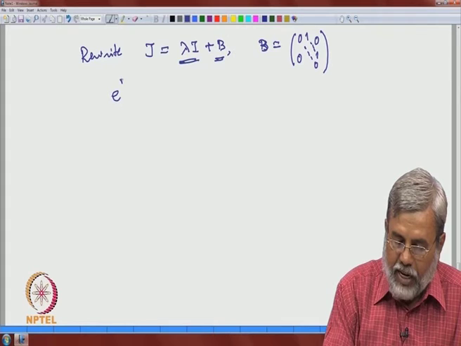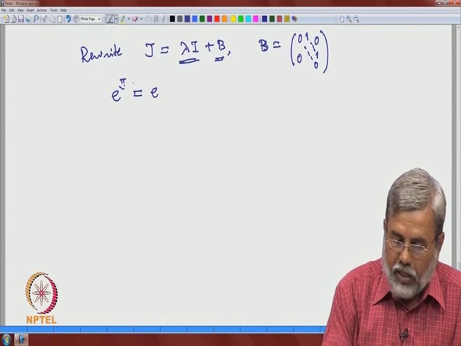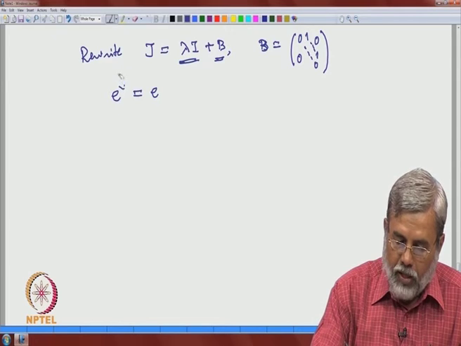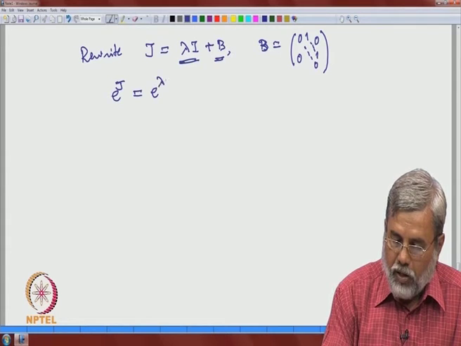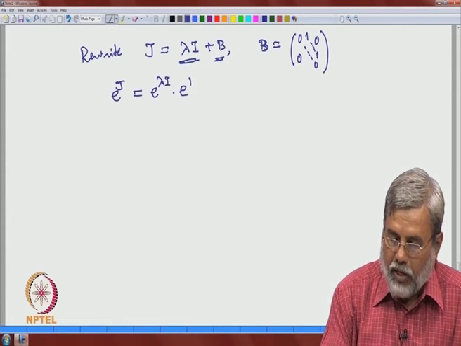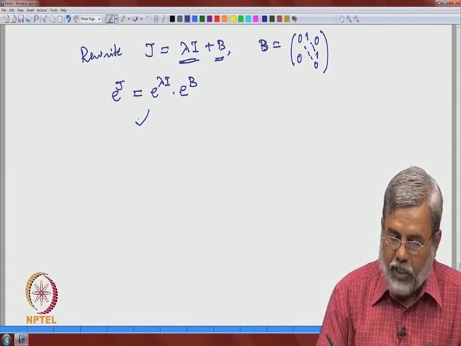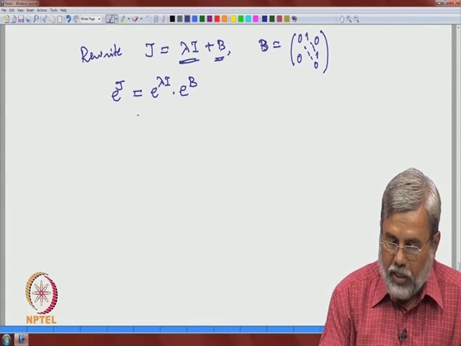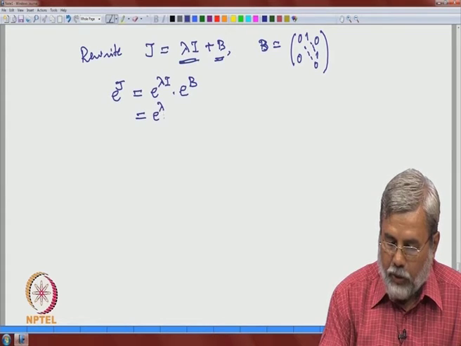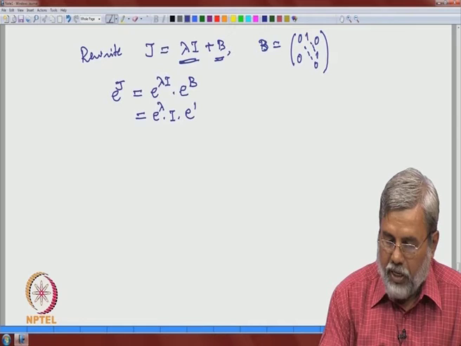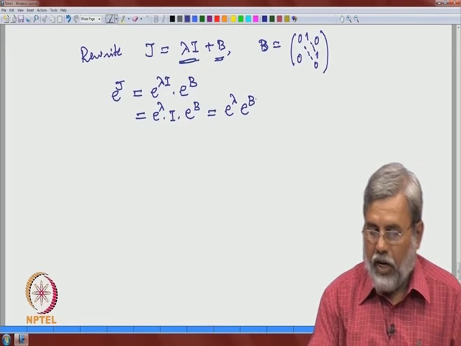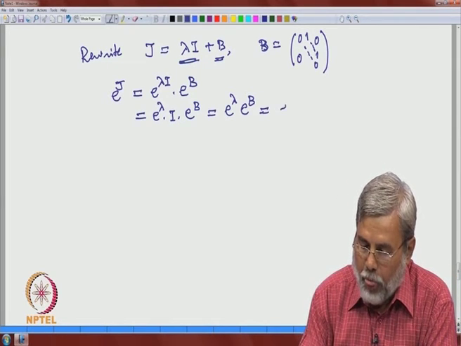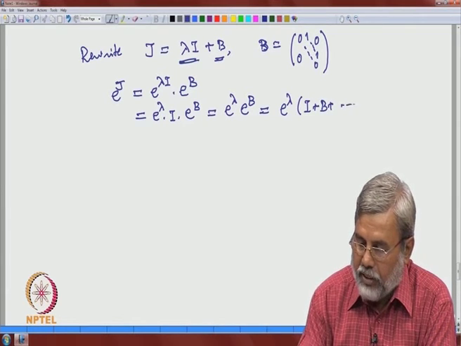So, we have e to the J equal to e to the lambda I times e to the B, and e to the lambda I is nothing but e to the lambda into I. So, we have just e to the lambda e to the B, and now let me expand this. By definition, this is I plus B plus B squared by 2 factorial, and so on.